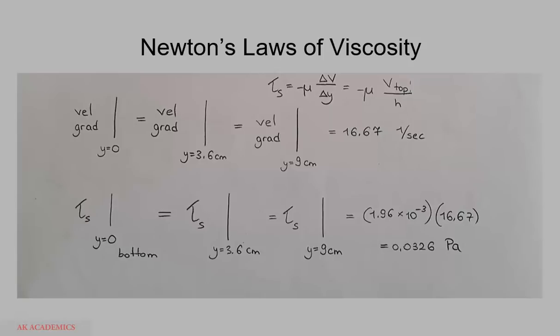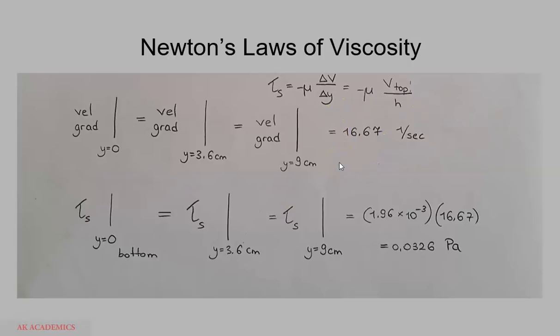Whatever you choose as your point on that particular graph, the gradient is expected to be the same. So that means that the velocity gradient at y equal to 0 will be equal to the velocity gradient at y equal to 3.6 centimeters. It will be equal to the velocity gradient at y equal to 9 centimeters. And that means all these heights would have the same velocity gradient.